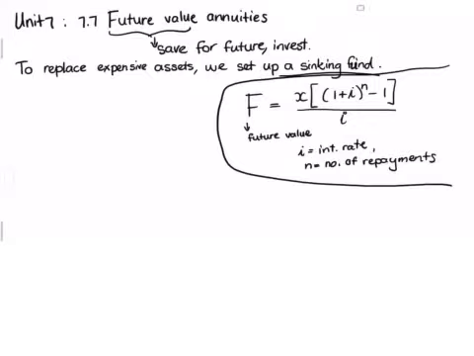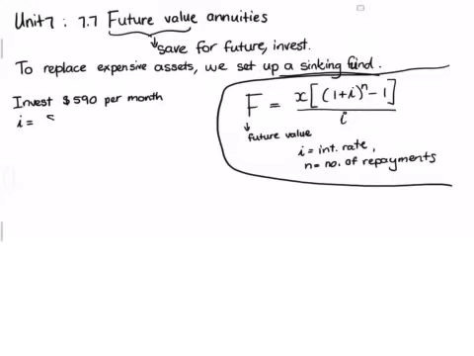Let's do an example. Let's say we're going to invest $590 per month. Every month we're putting another $590 in the bank.